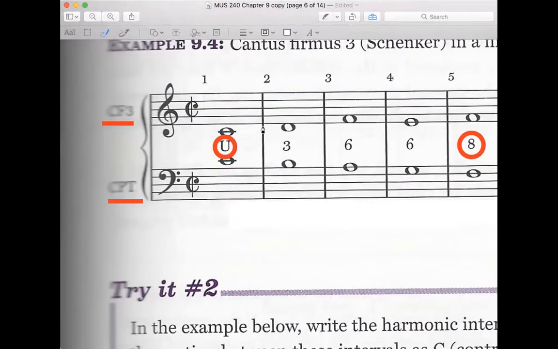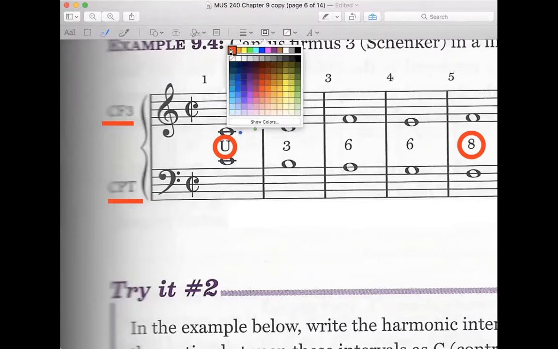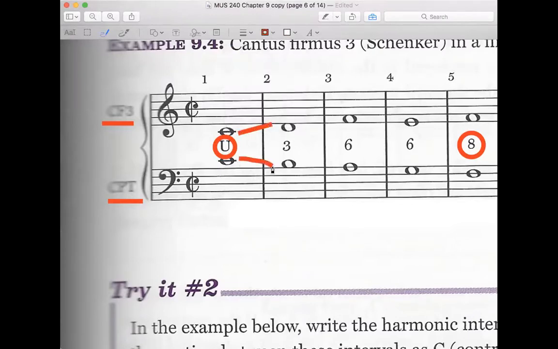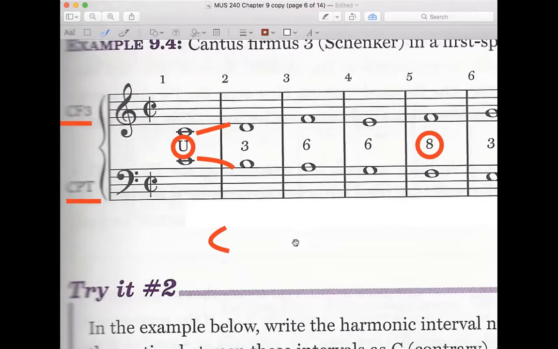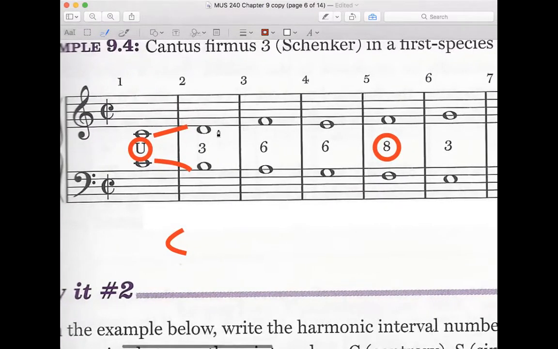If this voice is moving up at the same time that this is moving down, and they're moving by the same amount, do you remember what that's called? One voice is moving up, the other voice is moving down, so they're moving away from each other. Okay, that's contrary motion. Oop, not oblique, contrary. C for contrary. Okay, good.